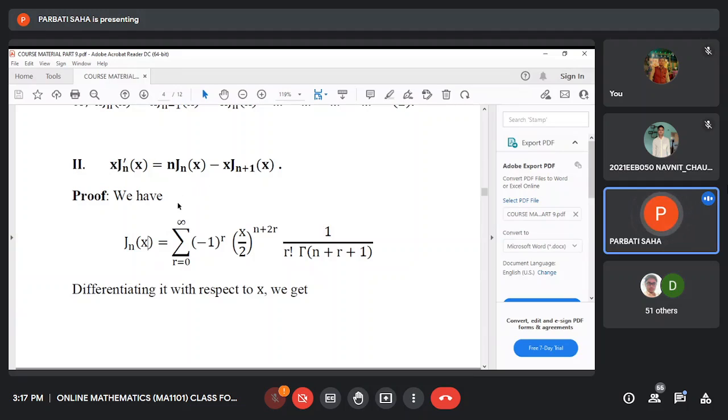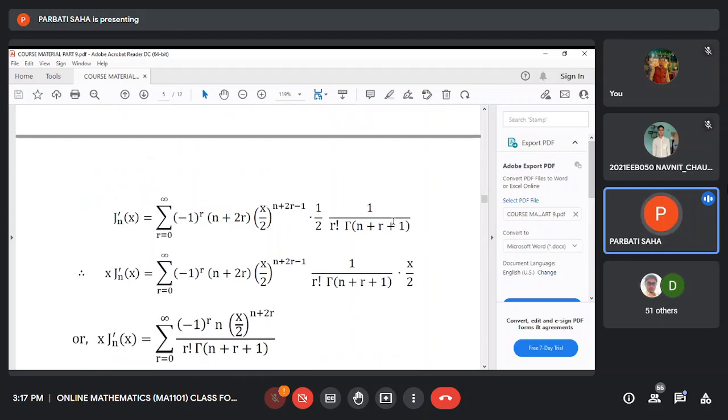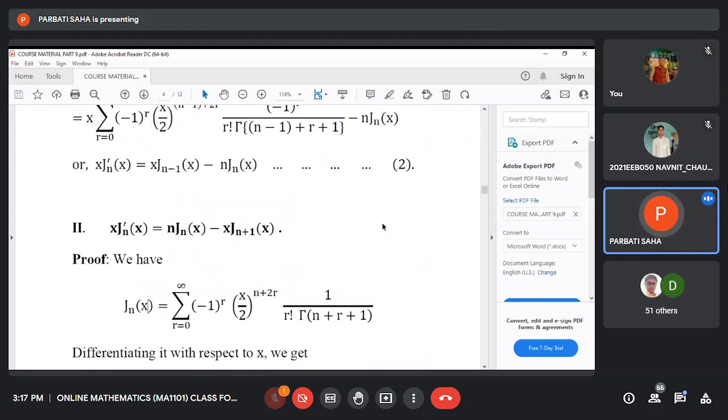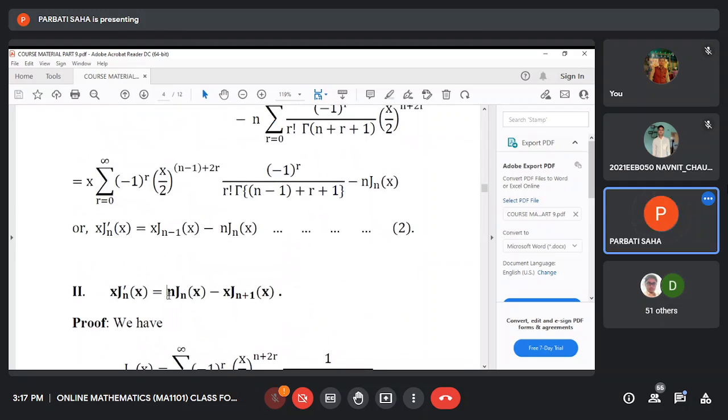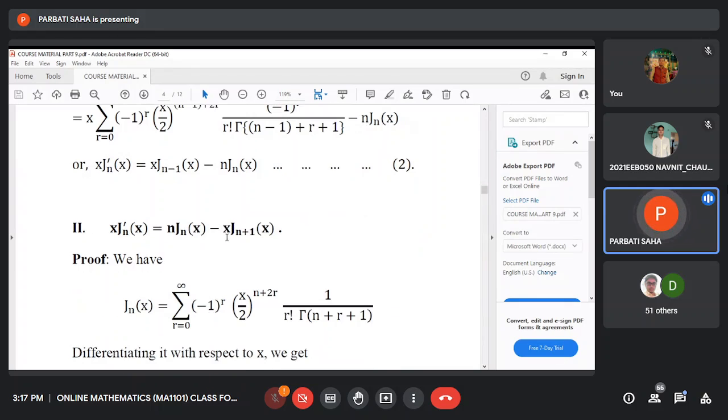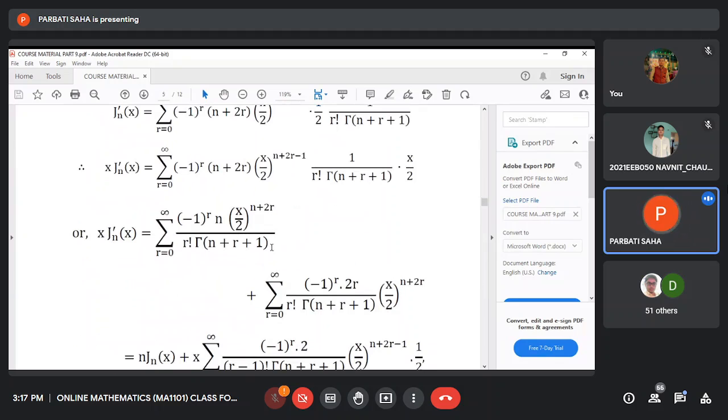Jn dash x means you differentiate Jn x with respect to x like this, and after simplification you will obtain this. But note here Jn x as well as Jn plus 1 x, and there is a minus sign here. So observe the terms required here. Jn plus 1 is required here, so we should write down the terms accordingly so that we can obtain it.